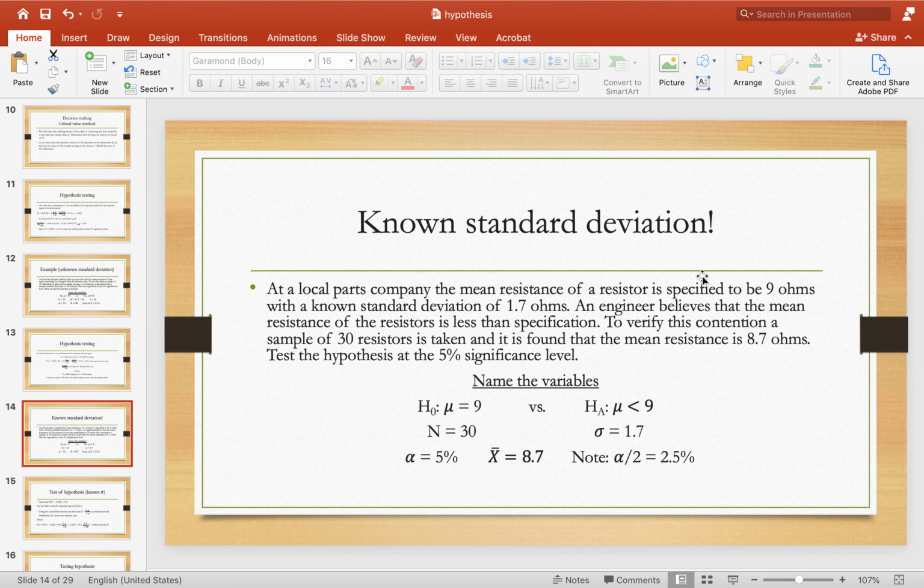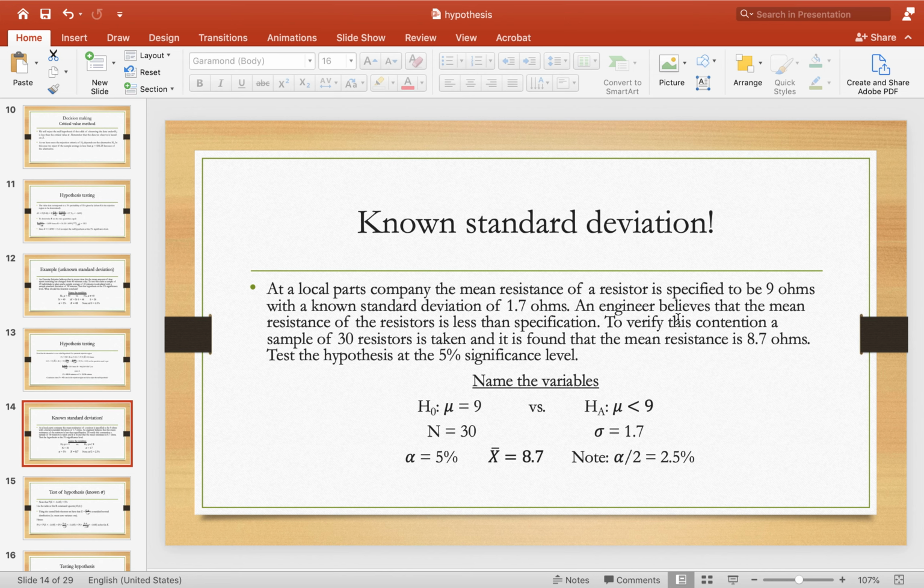So in this situation, we know the standard deviation. It says at a local parts company, the mean resistance of a resistor is specified to be 9 ohms. That's the specification for this part. Okay, with a known standard deviation of 1.7 ohms.